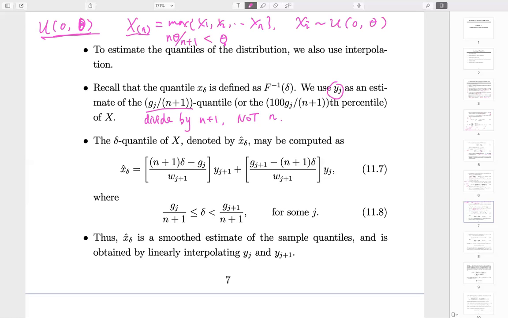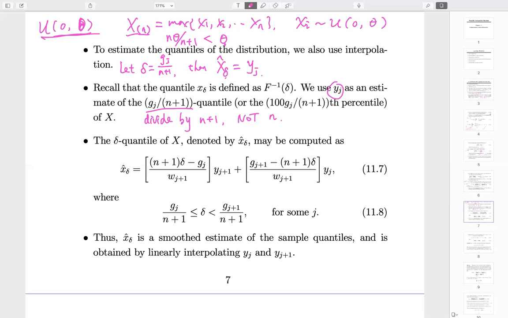You can also simply treat it as a definition. So basically, for this level, let delta be this level, then the quantile will be yj. So all our observations will correspond to a particular delta.